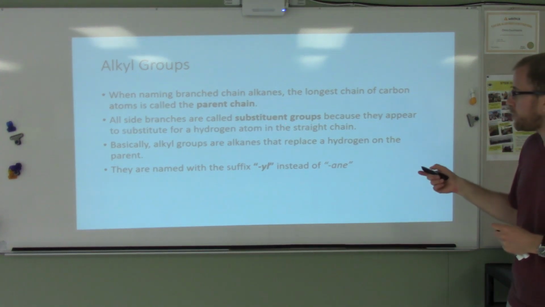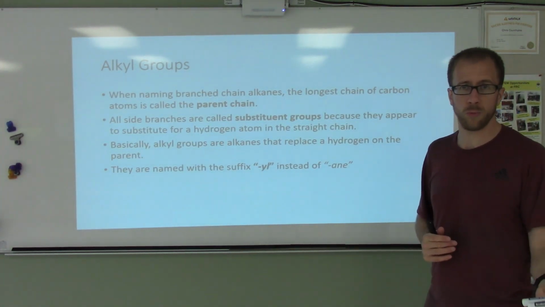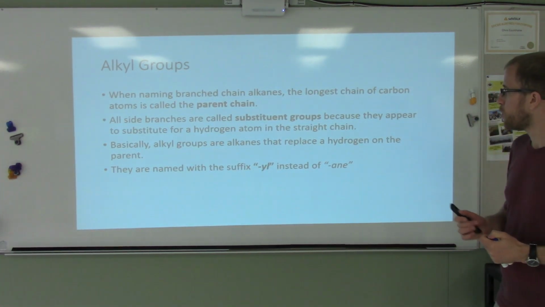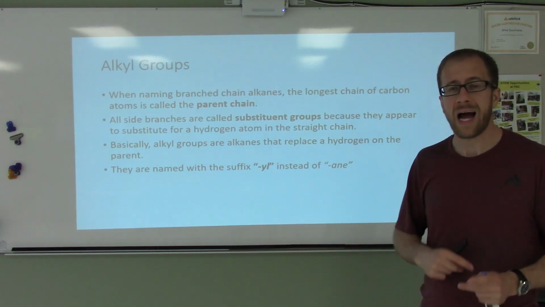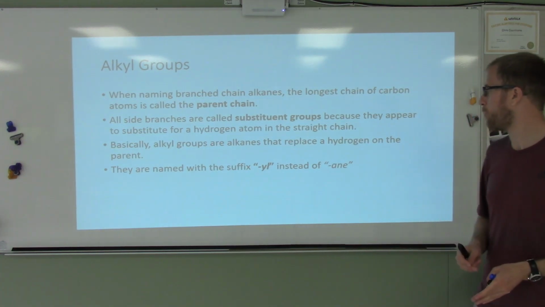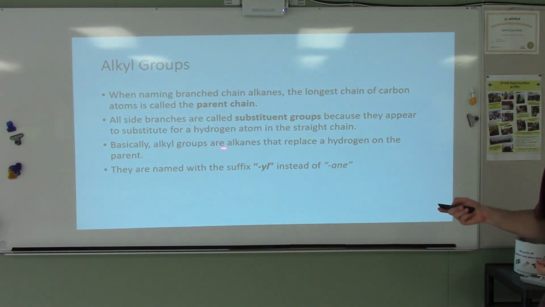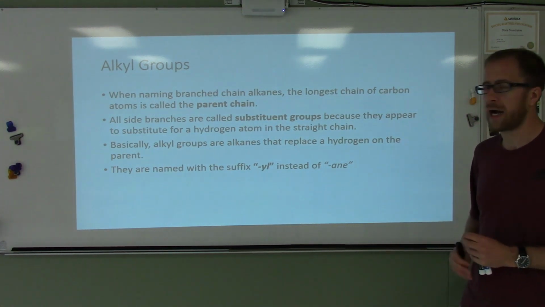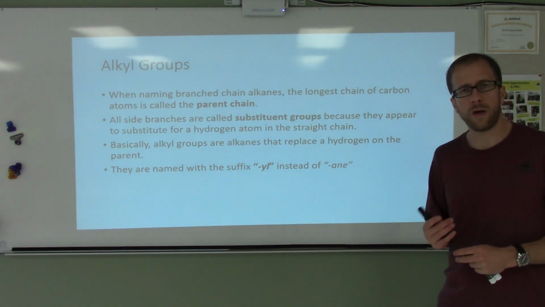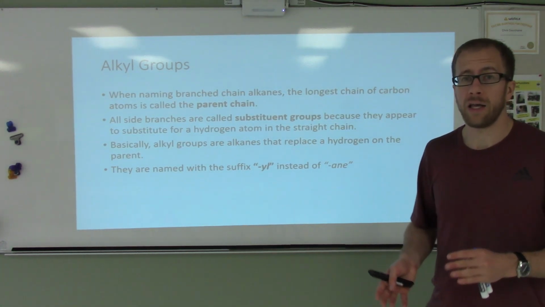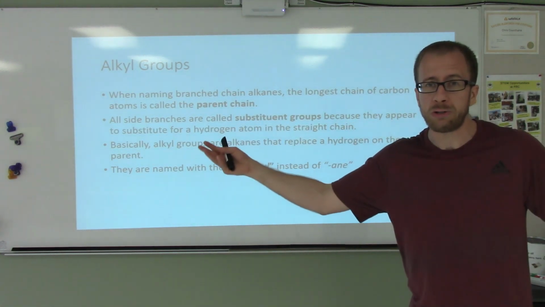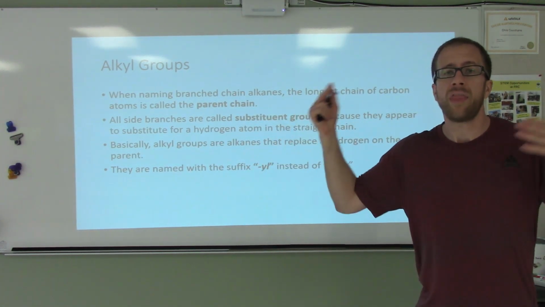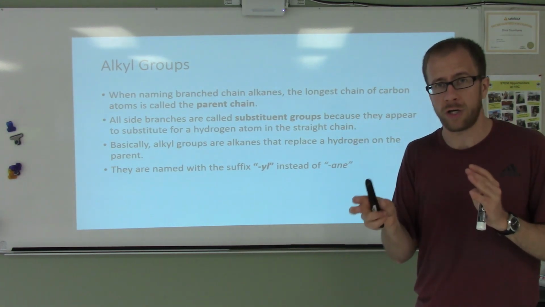Now, all side branches are called substituent groups. And these substituent groups are called so because they substitute for a hydrogen on your carbon. Now, alkyl groups are alkanes that replace a hydrogen on the parent chain. So if you have a methane, right, a CH4, if it bonds to a long chain hydrocarbon, that would now be a substituent group.